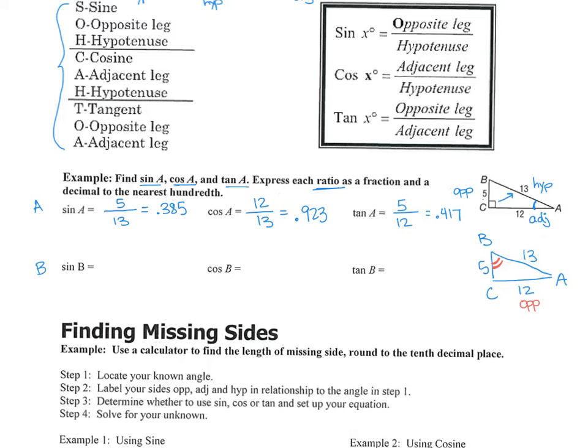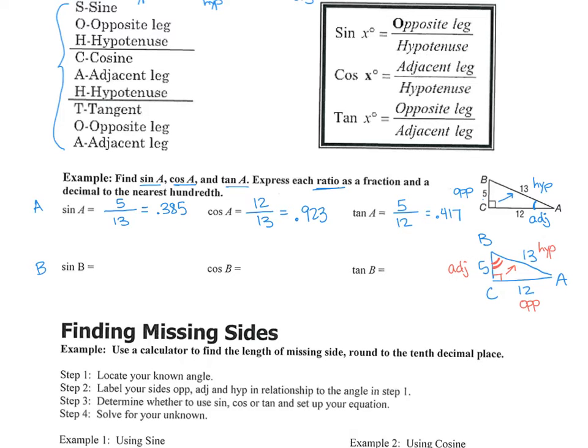It's on the other side of my triangle from B and does not touch B. The 5 and 13 touch B, and I know the 13 is my hypotenuse. So that means the 5 is my adjacent side. The adjacent side touches my angle.